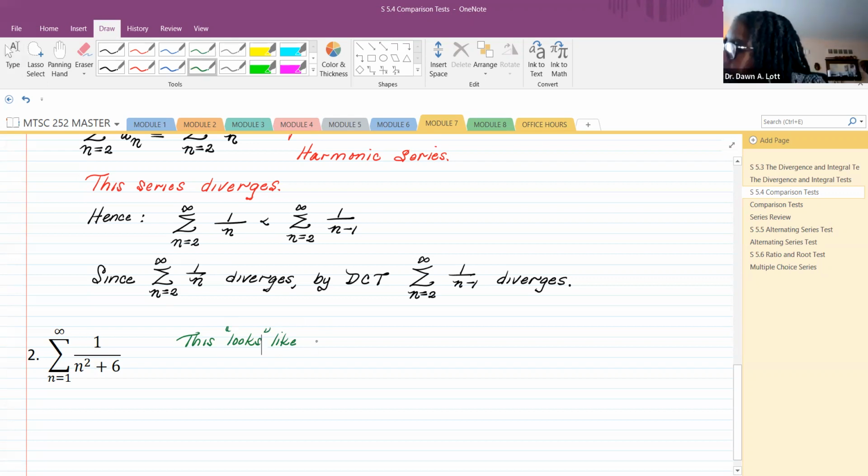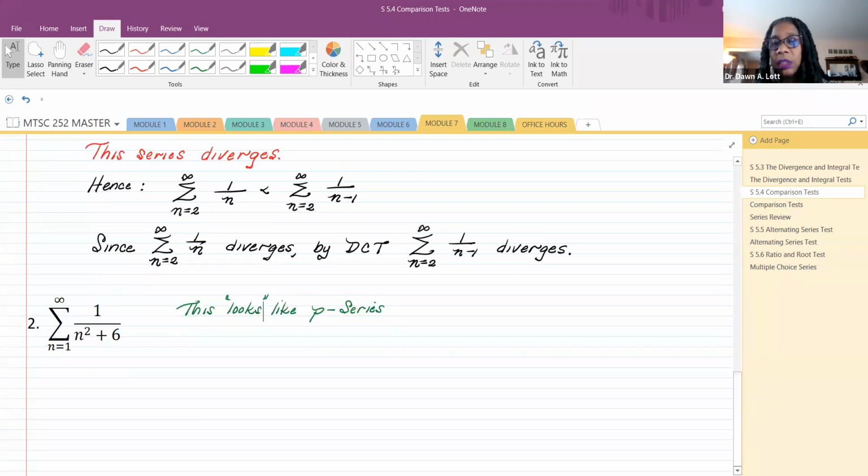It kind of looks like a P series, where P is 2. So my brain is thinking this thing might actually converge because it looks like a P series, but we're using the direct comparison test.